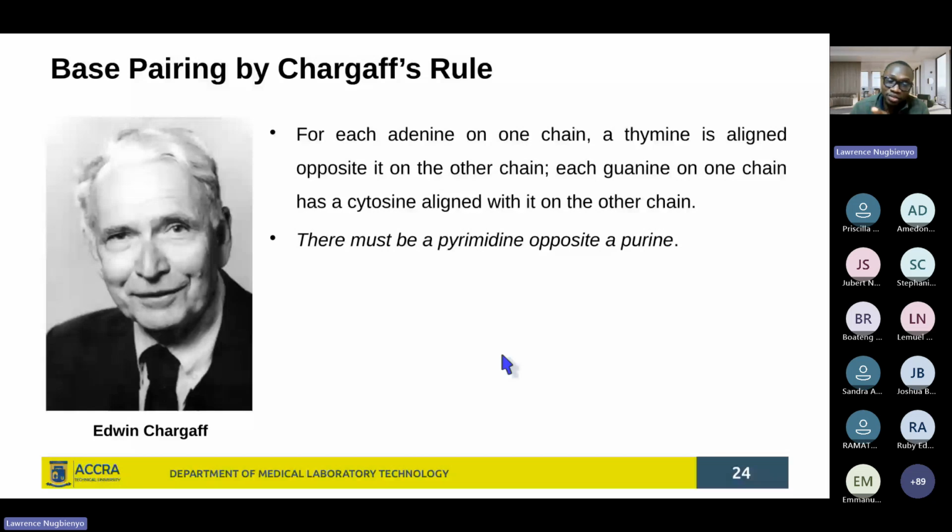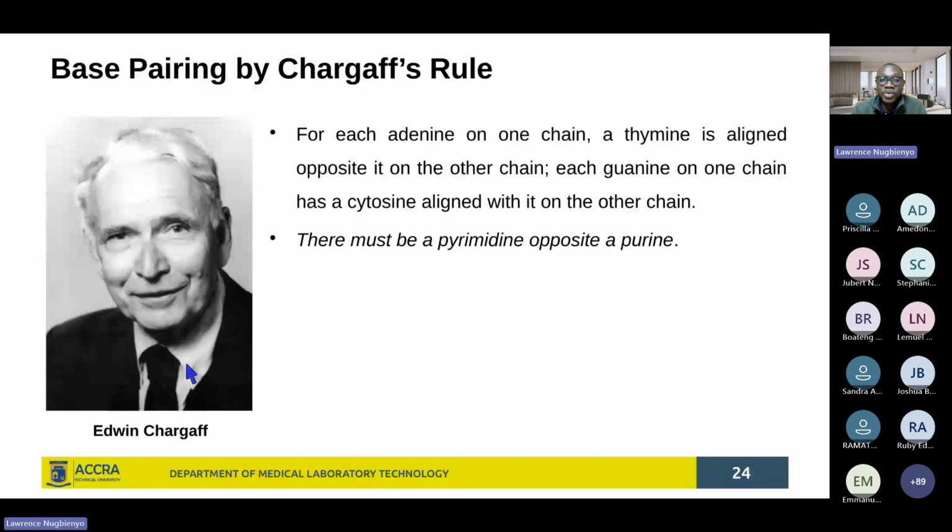Now we have what we refer to as Chargaff's rule. This comes from the American scientist Edwin Chargaff, whose roots I think are from Austria and Hungary, but he was in the United States working as a biochemist.